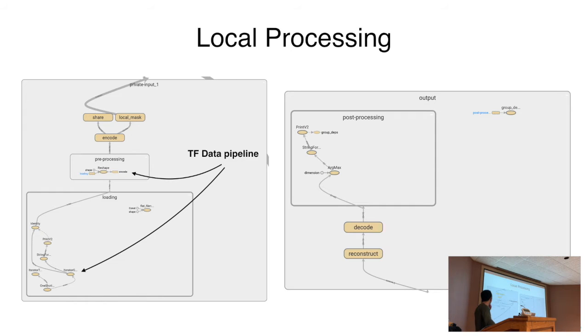And this is just to say, if we expand the input and output, so the data input on the left and the model output on the right, these are all happening on device, on that prediction client device. We're actually using a TF data pipeline to pre-process the data. And then this is where encoding from a floating point number into an integer happens. And then from there, share and local mask, those are two operations that actually encrypt it.